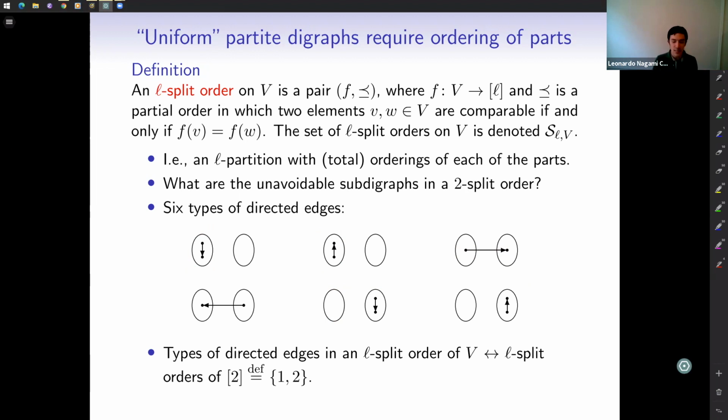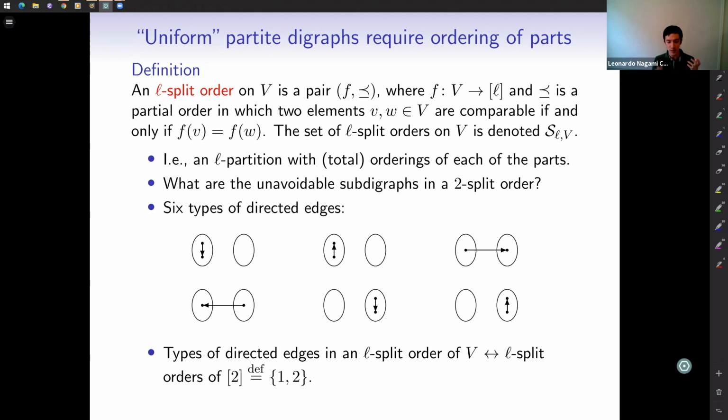So another way of seeing these types of edges is that these are L-split orders of the set {1, 2}, right? Because an edge is going to be a pair of vertices, and you're saying, where does each of these vertices land on my partition? And if they happen to land on the same place, I need to also tell you what the ordering is.